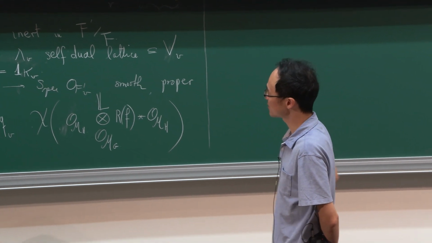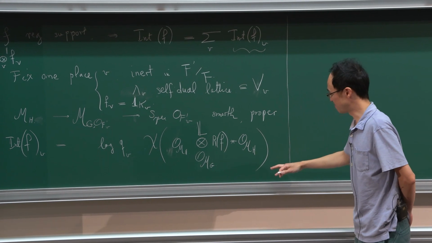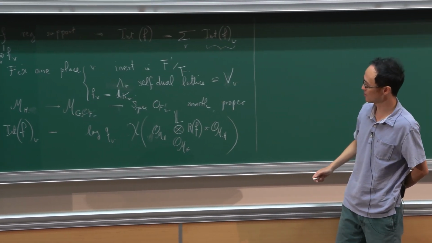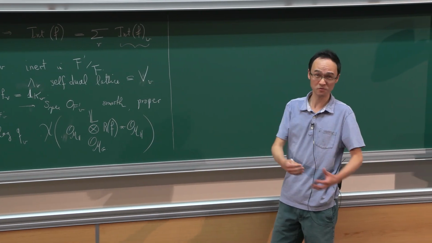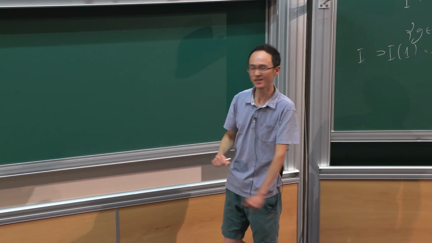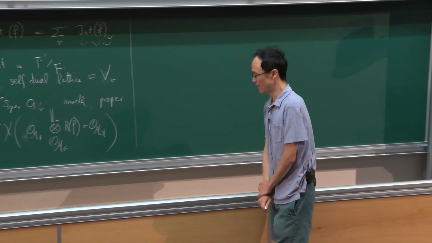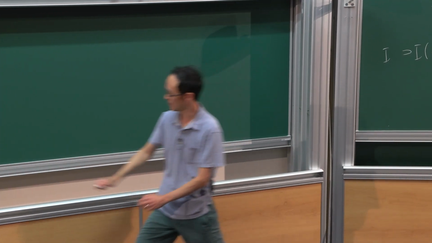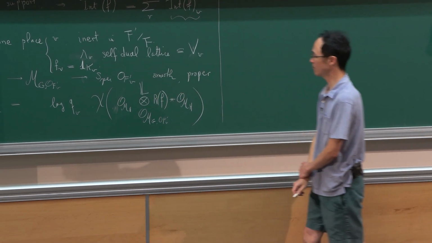What happens is this regular support condition guarantees that the scheme-theoretic intersection of the two cycles is actually supported on the special fiber, because I said earlier that they have no intersection in the generic fiber. So really, the scheme-theoretic intersection is a proper scheme supported on the special fiber. Let me put the place v to localize this.